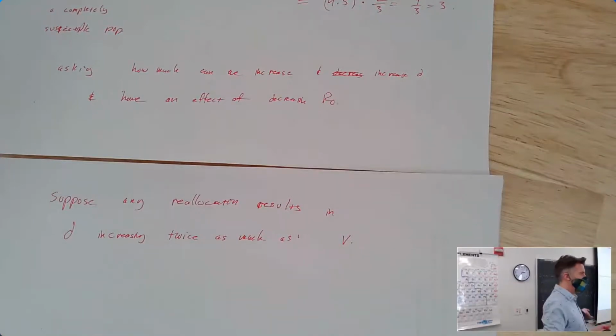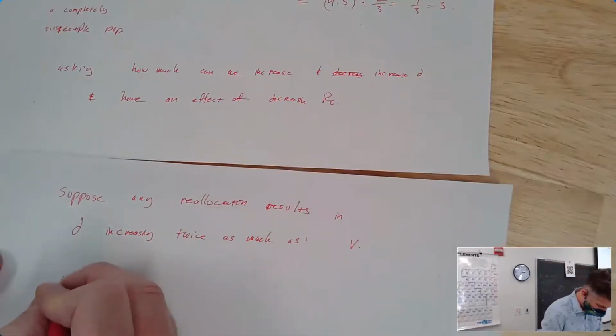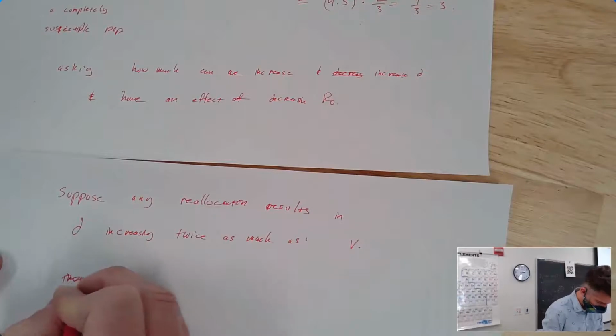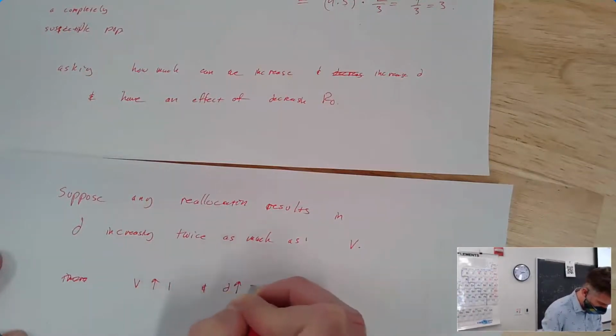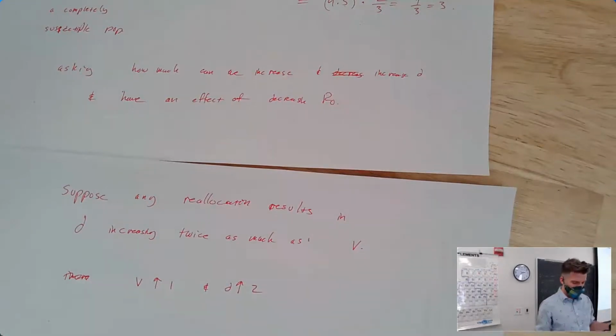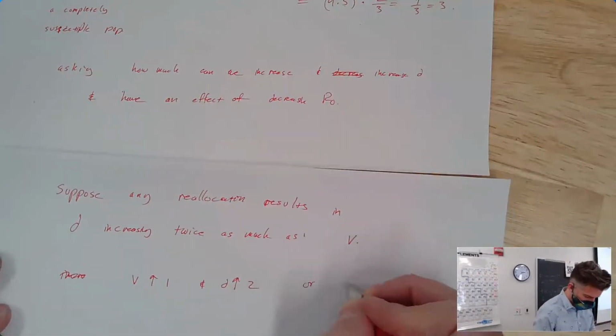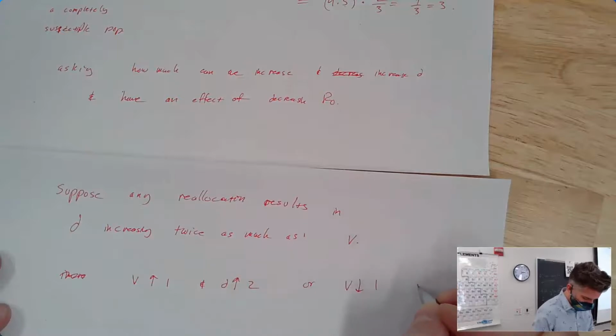So the question is, does it even make sense? We could basically have V go up by 1 and D go up by 2. Maybe that'd be great, but maybe it would actually be better to have V go down by 1. And 1's probably not the best number here because 1's 100%.